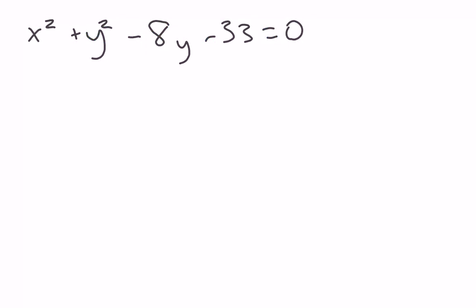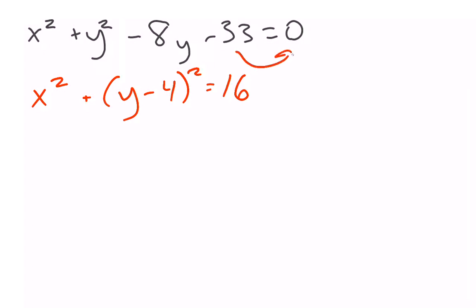In the next problem, I don't have a b term for my x, so I'm just going to bring down the x squared. The y term, divide by 2, you would get negative 4. So that means I need to add 16 to both sides. And I should also have the negative 33 moved over, so that would be plus 33.